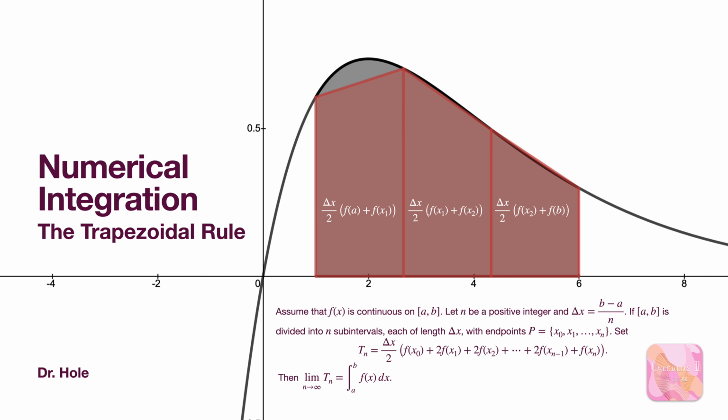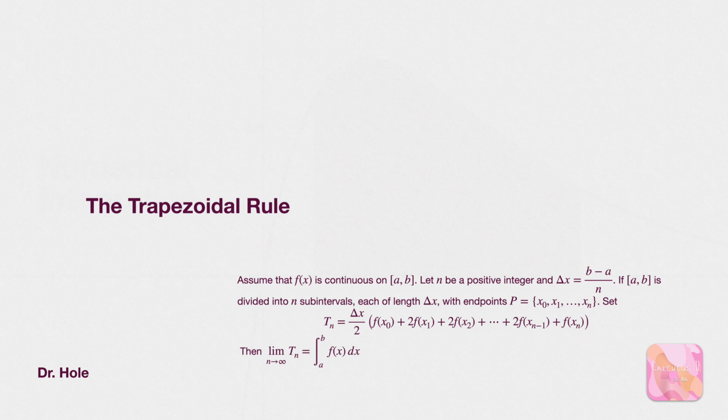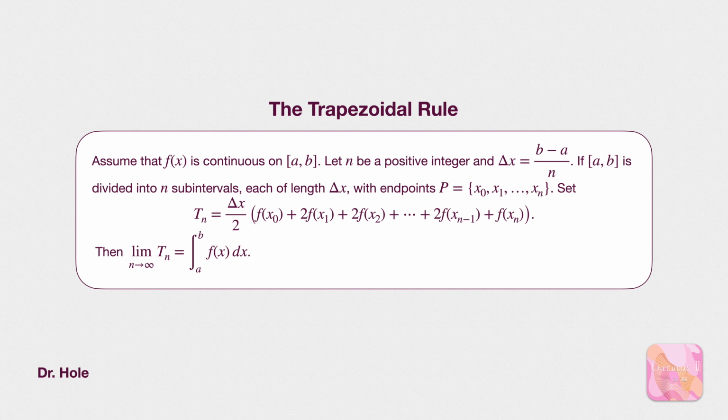So let's write that out. Here's the precise statement. Let's clear the screen a little bit. Here we go. So the trapezoidal rule, like before, we take f to be continuous, closed interval a to b. We let n be a positive integer. Delta x is defined as before. N subintervals, each of length delta x. And then t sub n, we're always going to have delta x over 2 for the trapezoidal rule.